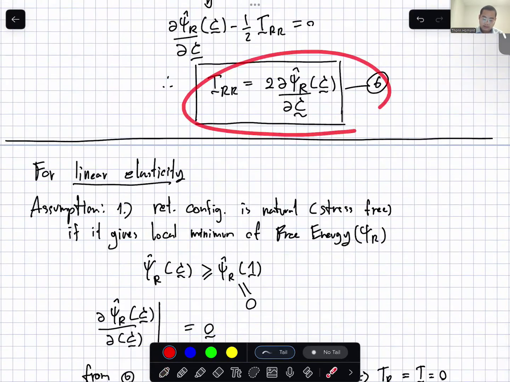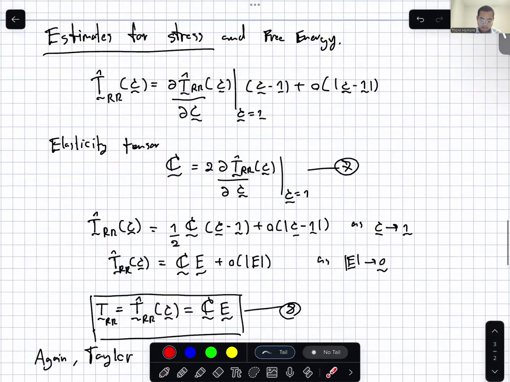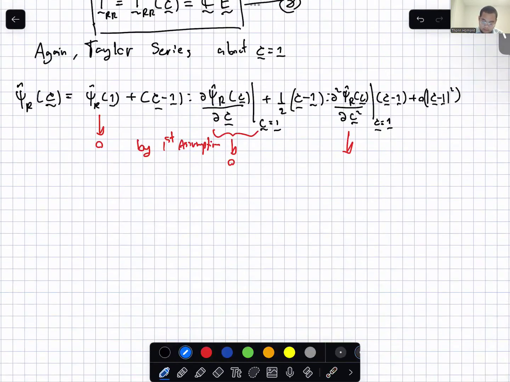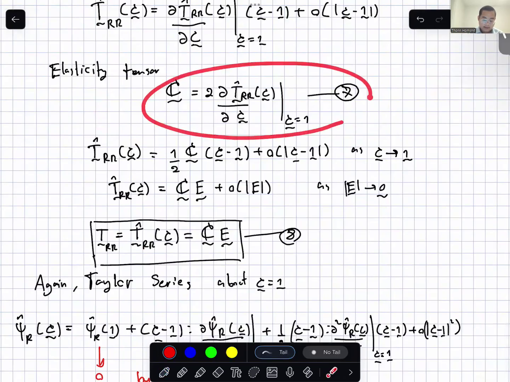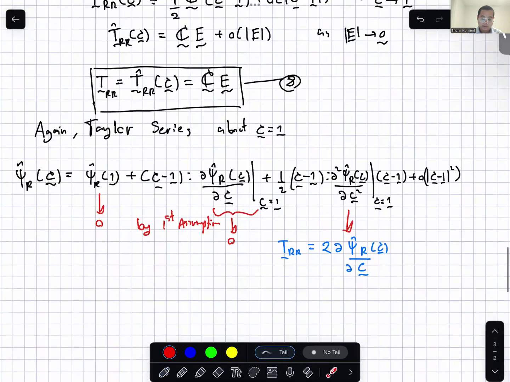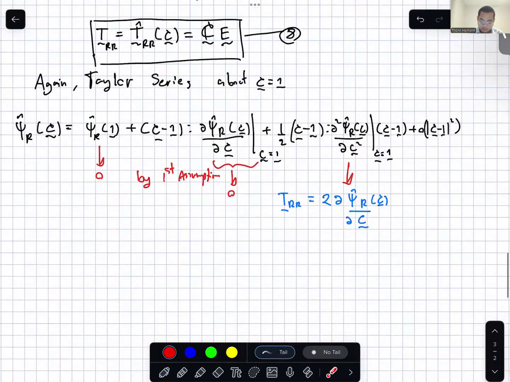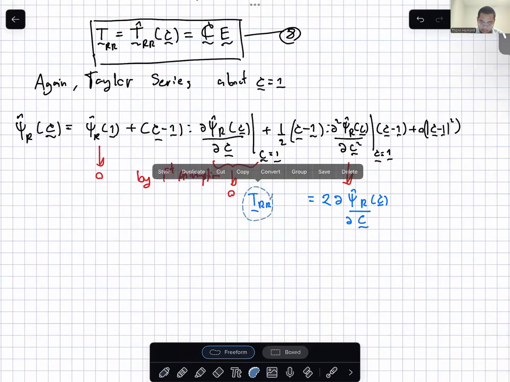We have that T_R is equal to 2 times the partial derivative of the free energy function with respect to C. And from 7, we know that the elasticity tensor has something to do with T_R too. Let me write this up here.